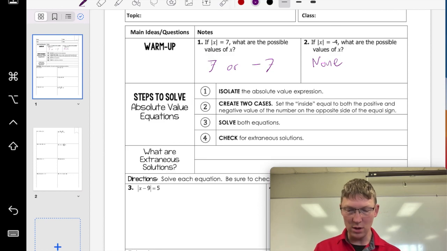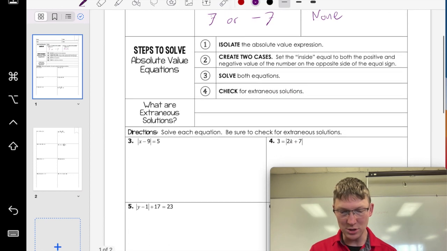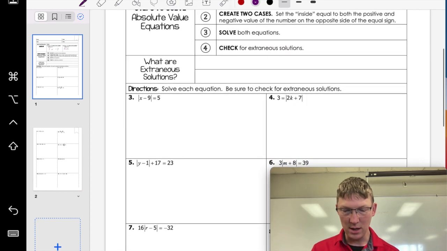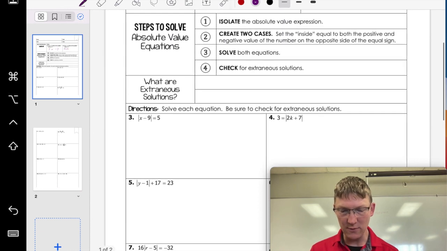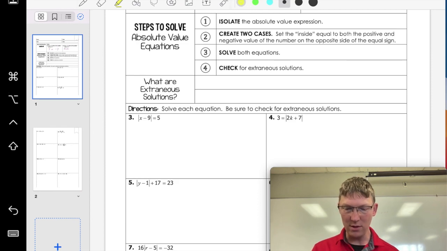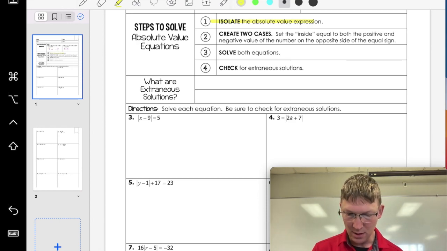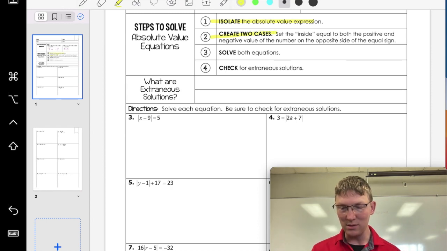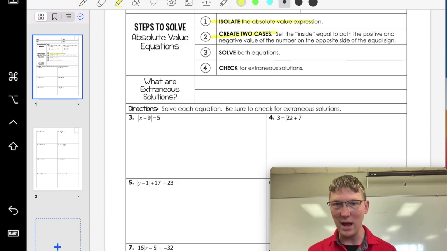As we work on our algebra, our steps to solve are going to be just like any of our cases. First, we isolate the absolute value expression. Those expressions above were already isolated. Then we create two cases, one the positive version and one the negative version.